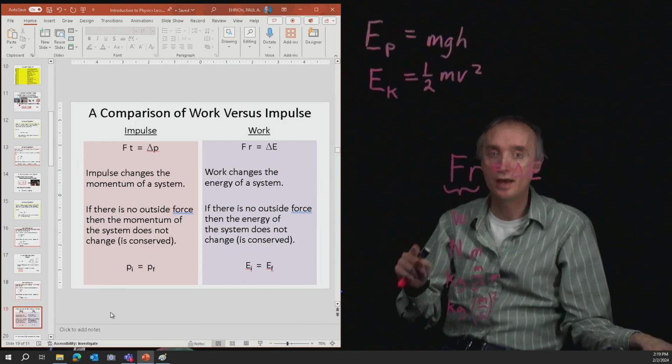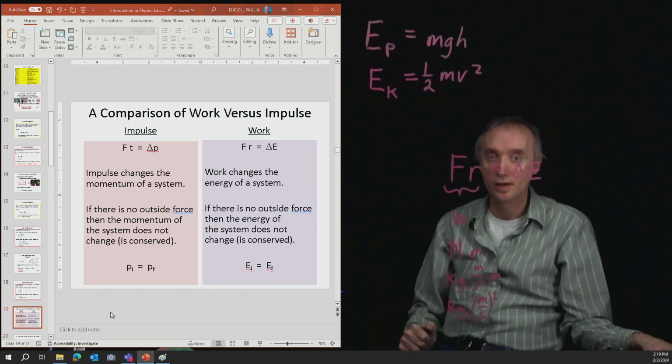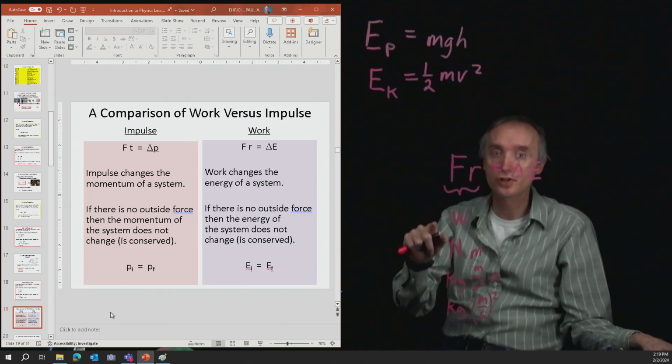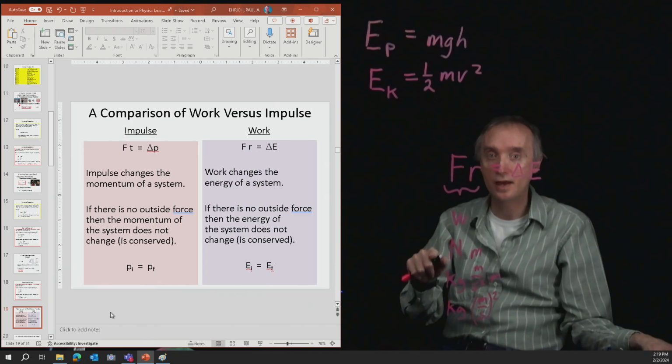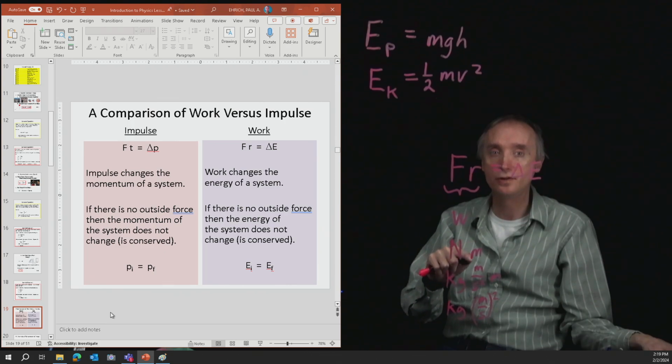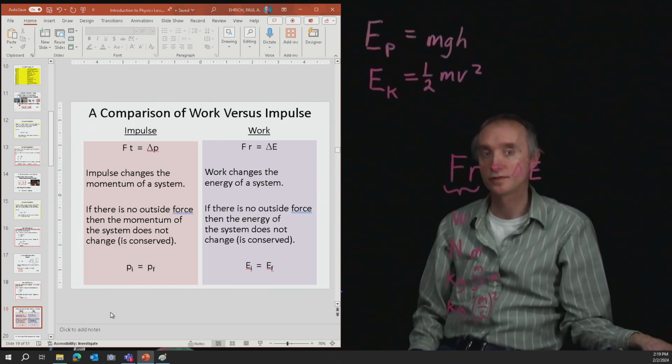And we called F times t impulse. So an impulse changes the momentum of a system. Work is F times r, and it changes the energy of the system.